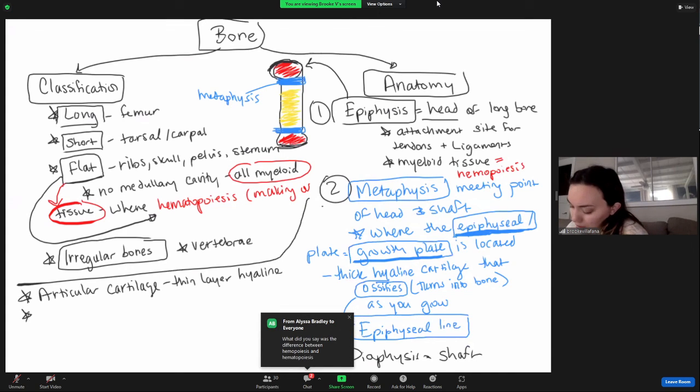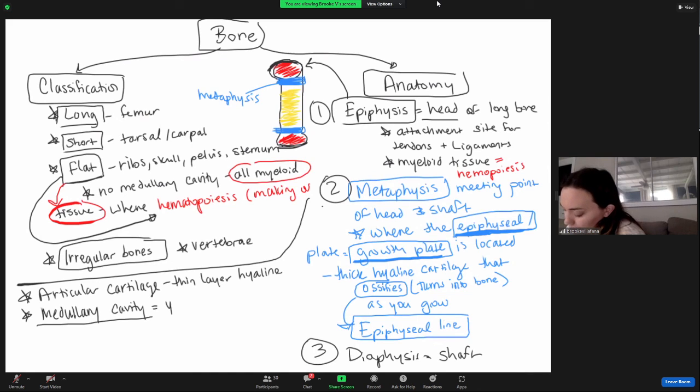Now with the medullary cavity, the medullary cavity is also called the yellow bone marrow. It's a hollow portion on the inside of the shaft of a long bone, and it functions to store fat.